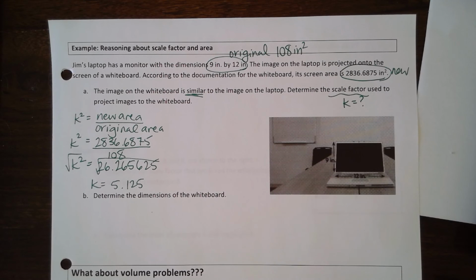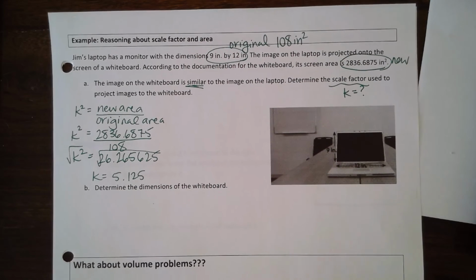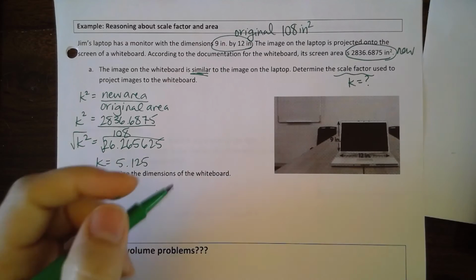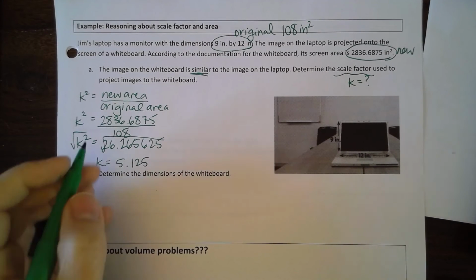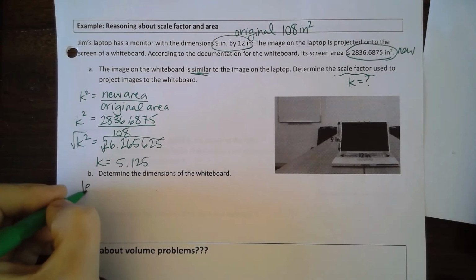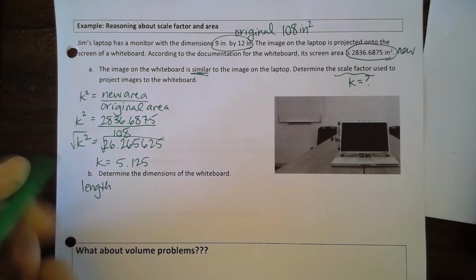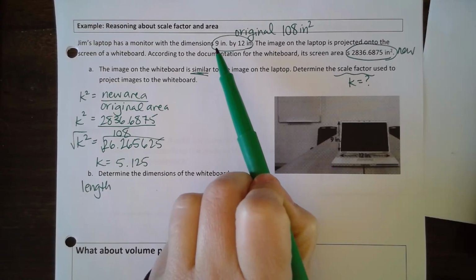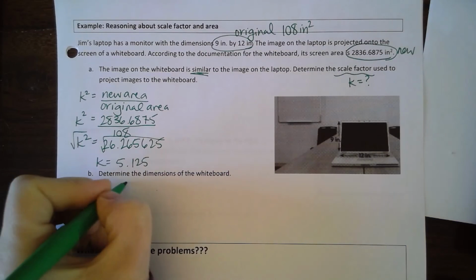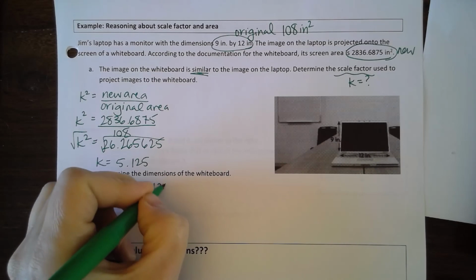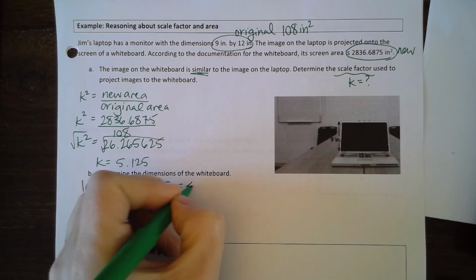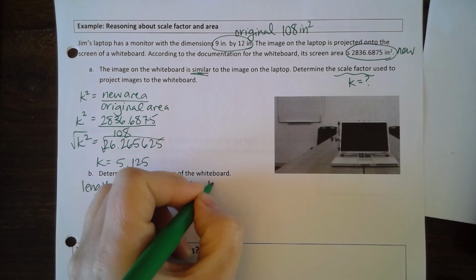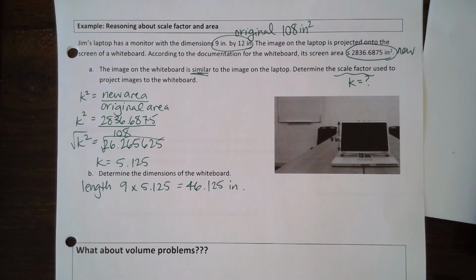Now that we know K, we can determine the dimensions of the whiteboard. The length of the whiteboard is going to be 5.125 times bigger than 9 inches, which in my calculator, I get 46.125 inches.